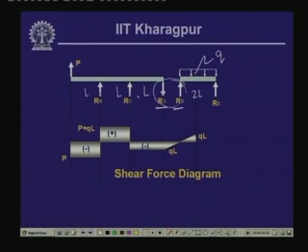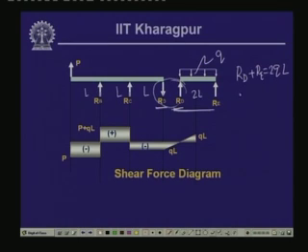Now, summation of horizontal forces equal to 0 gives you the horizontal component equal to 0. Now, summation of vertical forces, if we take this particular part, RD plus RE is equal to Q times 2L. So, this is one equation.